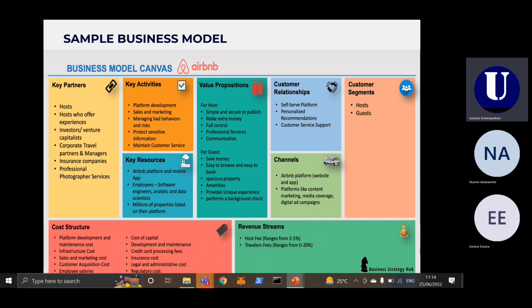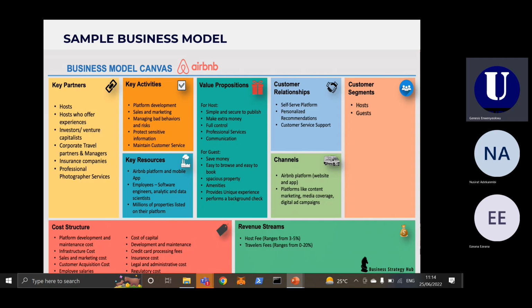For their revenue streams, they have their host fee, which is 3.5%. So Airbnb charges 3.5% on the fee that the host has attached to their property. So if the host says they want to lease out this property for a period of 2 weeks for, let's say, 800,000 naira, or maybe 60,000 naira per day, because the last time I checked, which was in 2019, they do 60,000 naira per day.